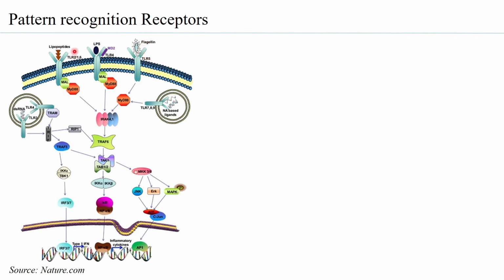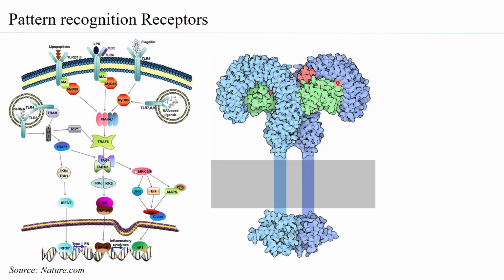These constituents of the bacteria are recognized by the toll-like receptors, and being transmembrane, they are able to successfully transduce signal through a certain pathway, eventually leading to expression of certain genes in response to the binding of the toll-like receptor to the patterned molecules present in the microbe.